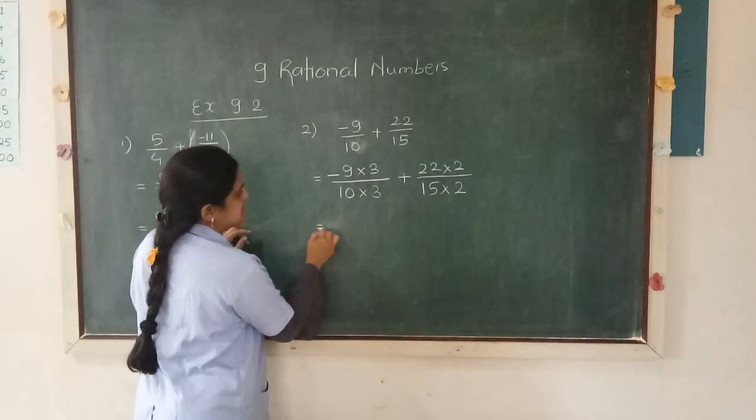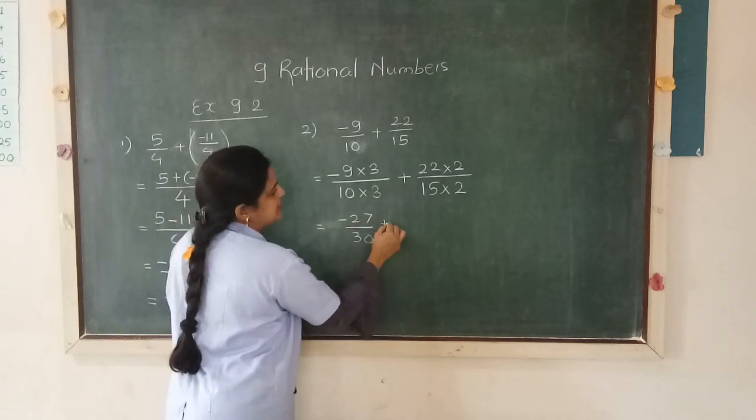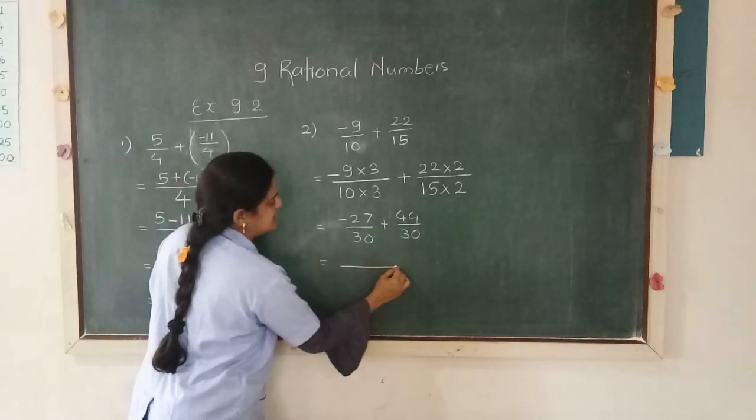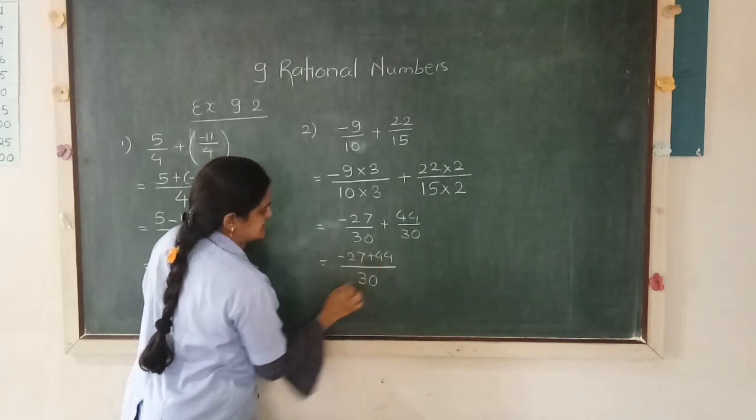Okay, let us now go further. This is minus 27 upon 30 plus 44 upon 30. Now the denominators are equal, so I will add the numerators as they are.